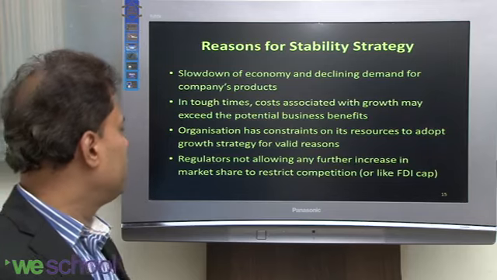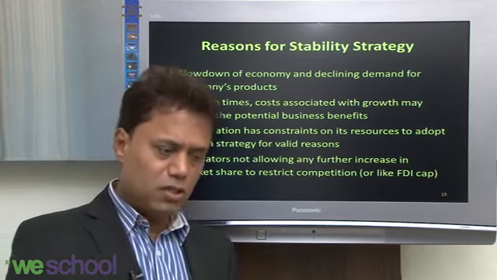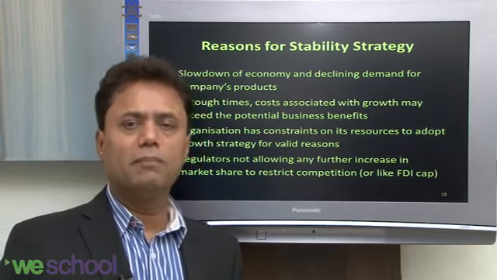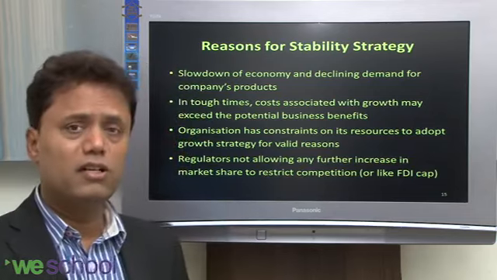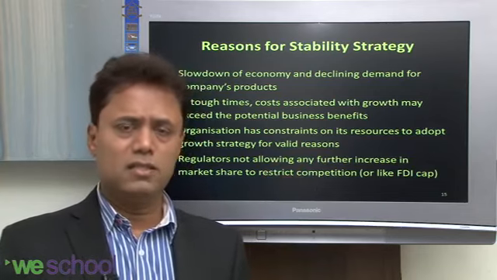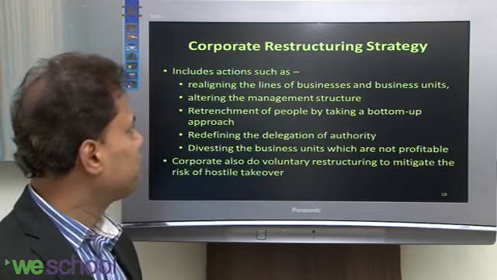Regulators may not allow any further increase in market share, like an FDI cap. They put 24%, 49%, beyond which you cannot bring in a foreign partner for expansion. So you have constraints on your internal resources, because you need more strategic partners investing in your company. So it becomes a stability strategy.